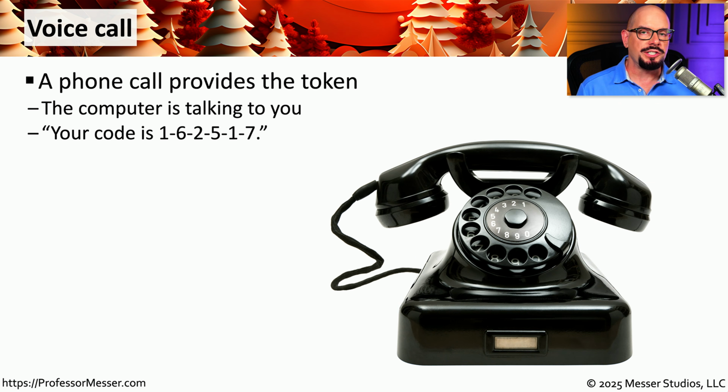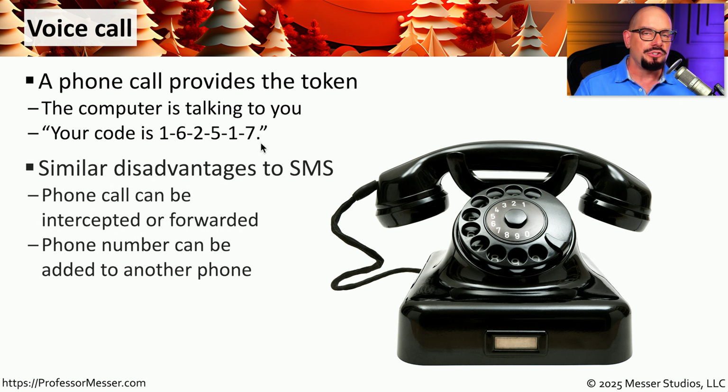Some authentication systems will call you directly and speak the number to you over the phone. So you might receive a phone call and it says, your code is 162517. Then you have to type that in to be able to complete the authentication process. And as you're already aware, having this type of authentication associated with your phone number creates a number of security problems.